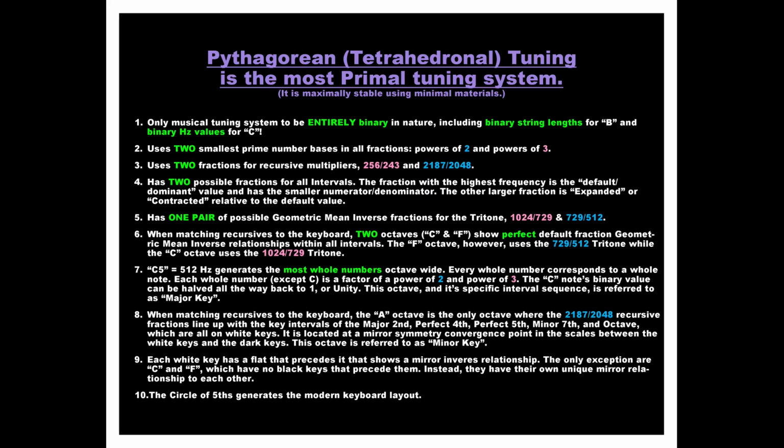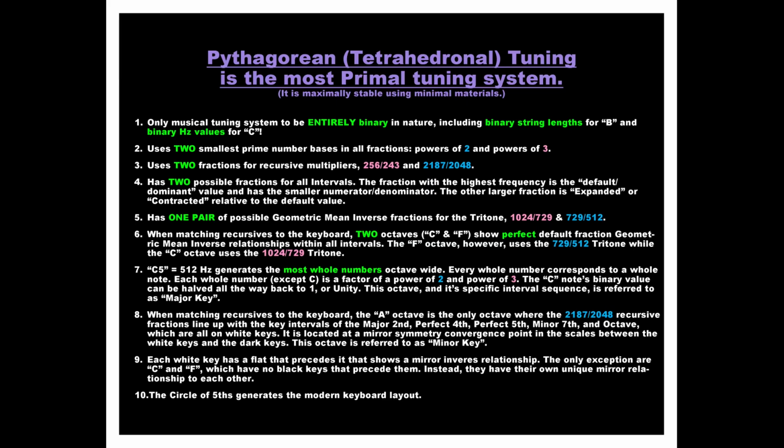It uses 2 fractions for recursive multipliers, 256 over 243 and 2187 over 2048. It has 2 possible fractions for all intervals. The fraction with the highest frequency is the default dominant value and has a smaller numerator and denominator. The other fraction is the expanded or contracted relative to the default value.